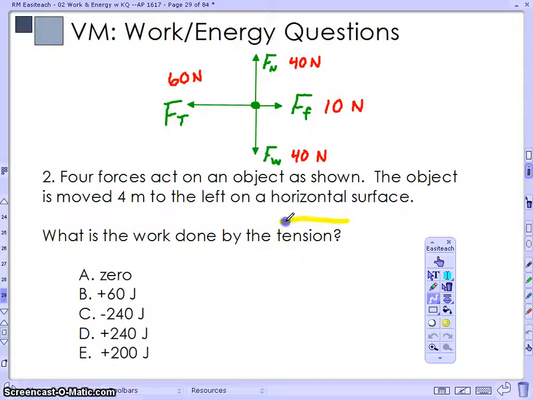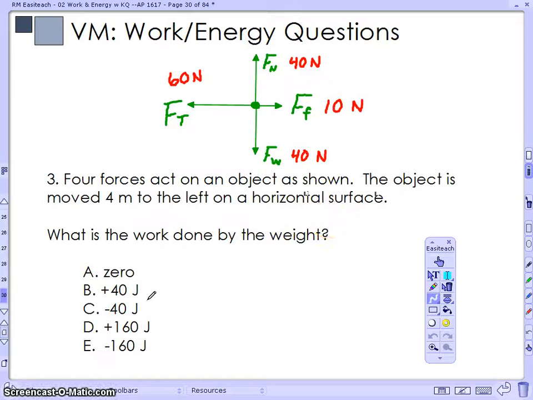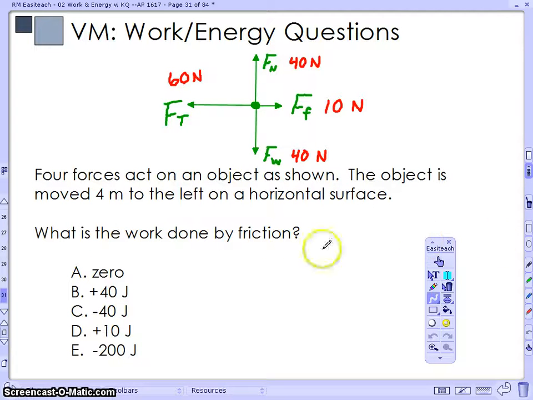What about the tension? That's going to be positive 240 joules. What about the weight? That's going to be 0 again because it's totally perpendicular. What about friction? That's going to be negative 40 joules.